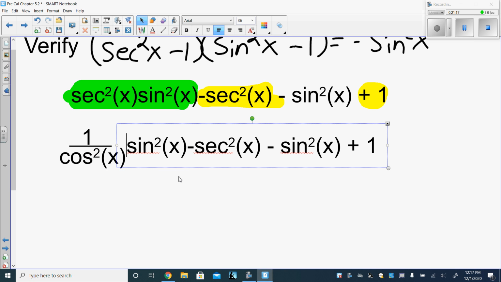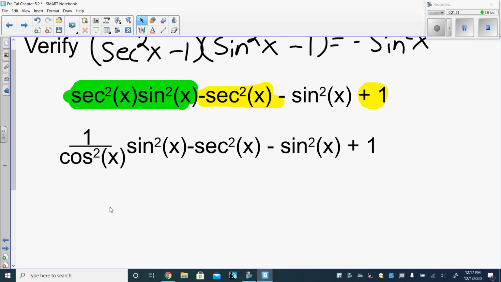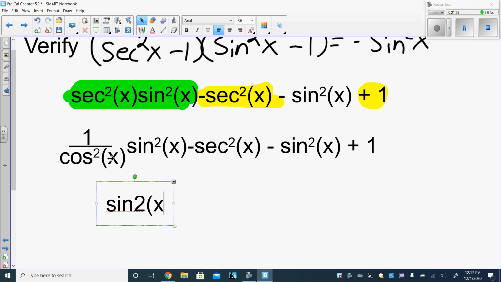Now, okay, so that's kind of helpful, but really, if we multiply these together, what I get is sine squared of x on top.